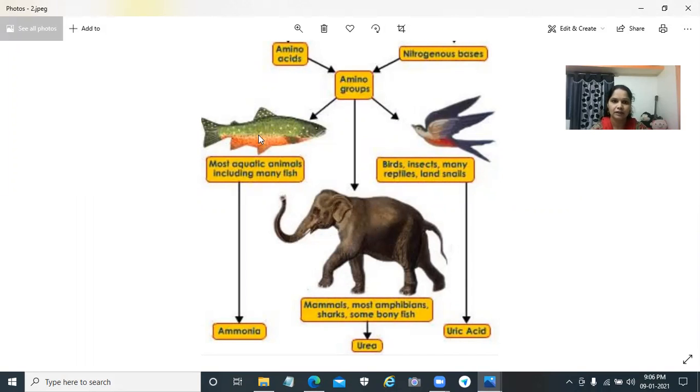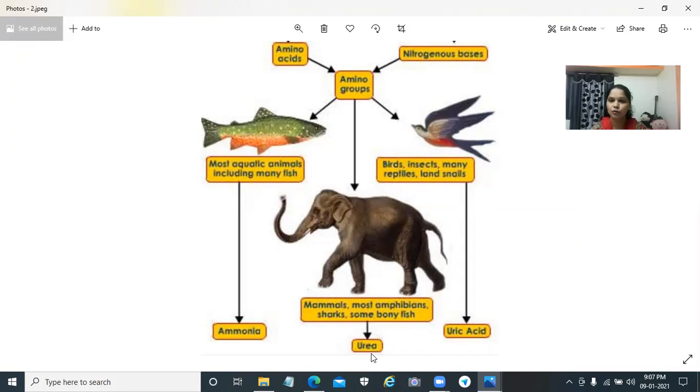In fishes and aquatic animals, ammonia is the main excretory product, while mammals, most amphibians, sharks, and some bony fishes excrete urea as an excretory product.